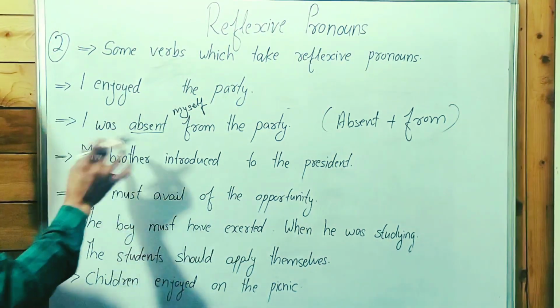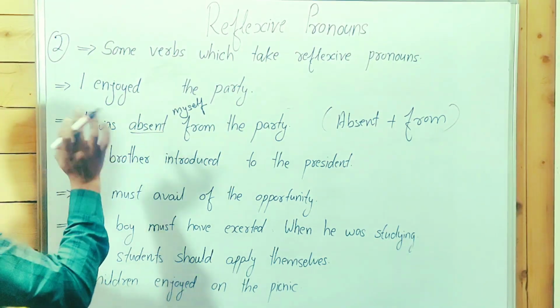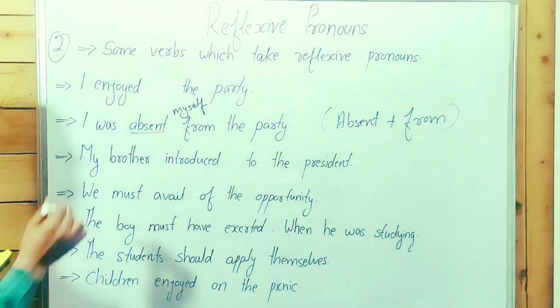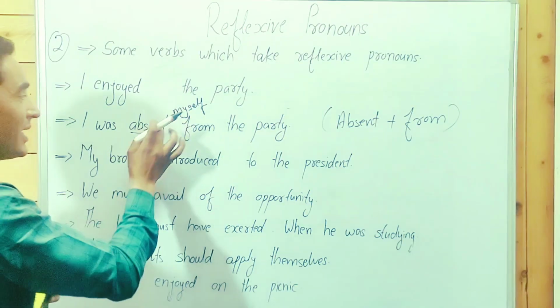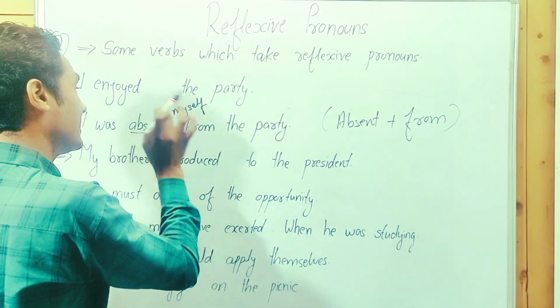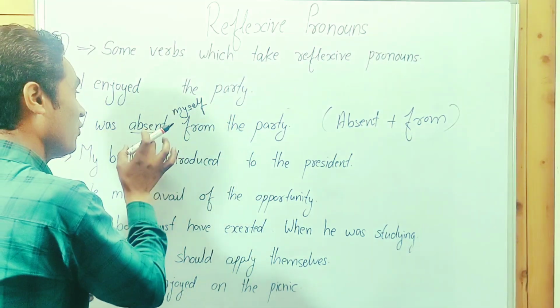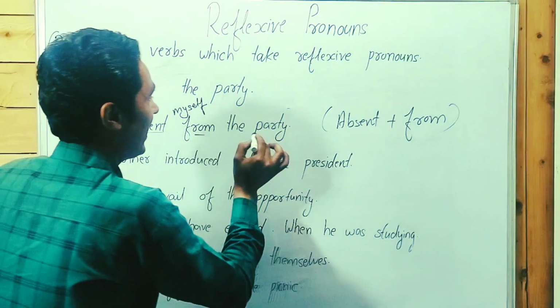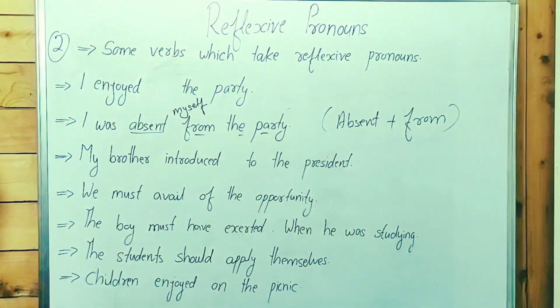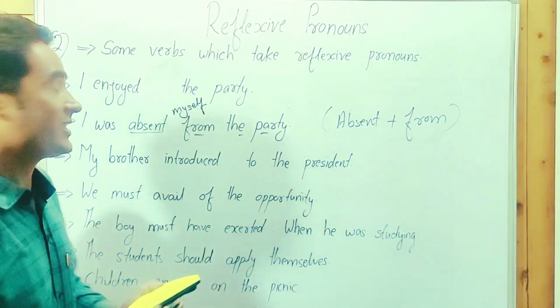Guys, from is a fixed preposition. "I was absent myself from the party." Here myself is the object. We have given the objective case, here an object to the verb. From is a preposition. The party is the object of this preposition from.